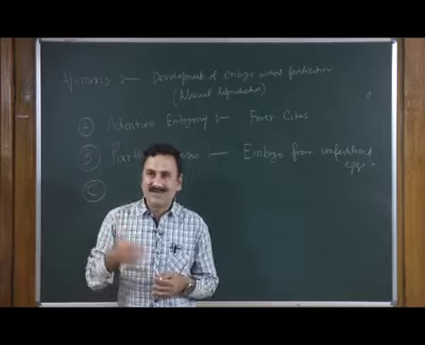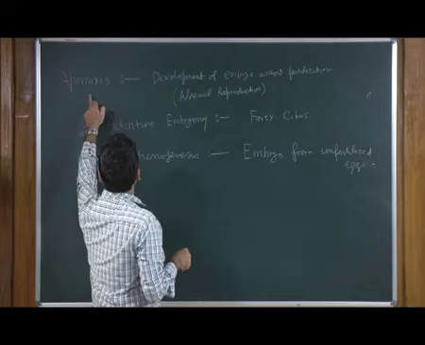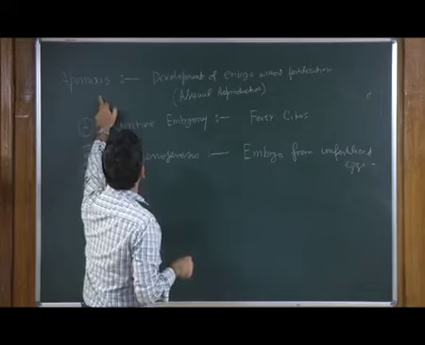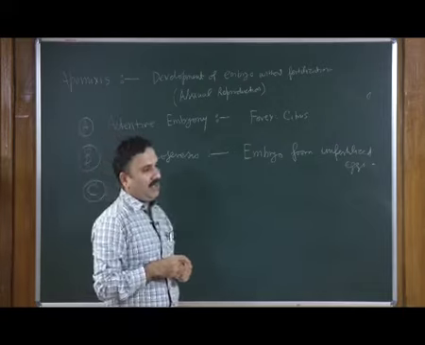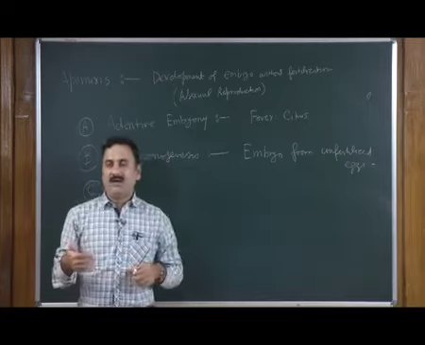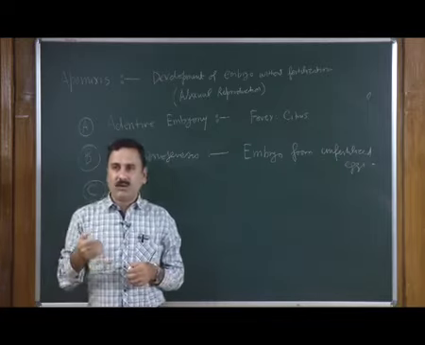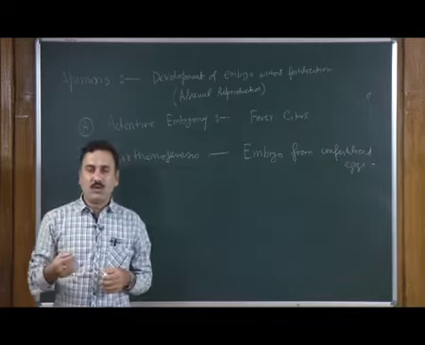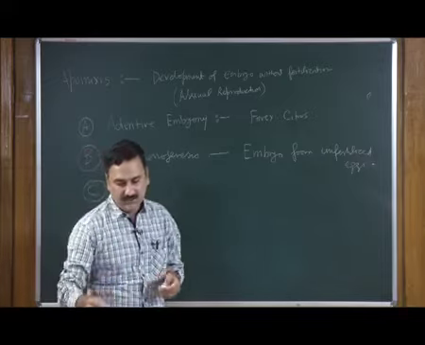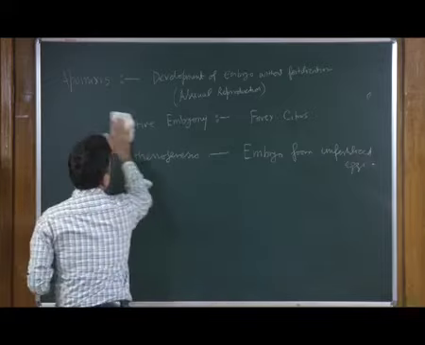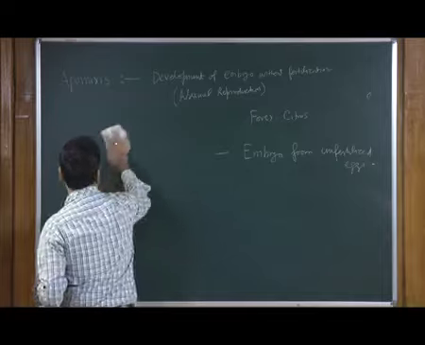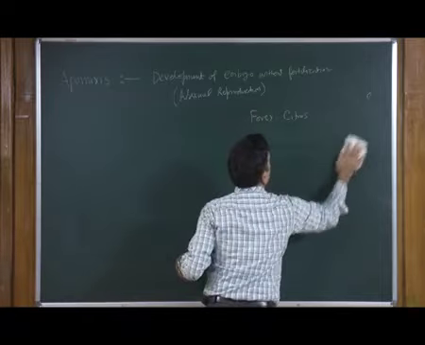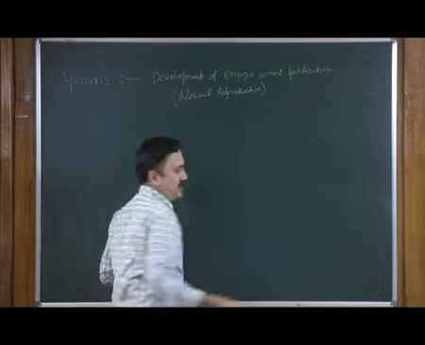Now, what you can see is that if there is a plant which goes for apomixis, and the same plant is also going for sexual reproduction, what is the condition? It is going to have a very strange condition.